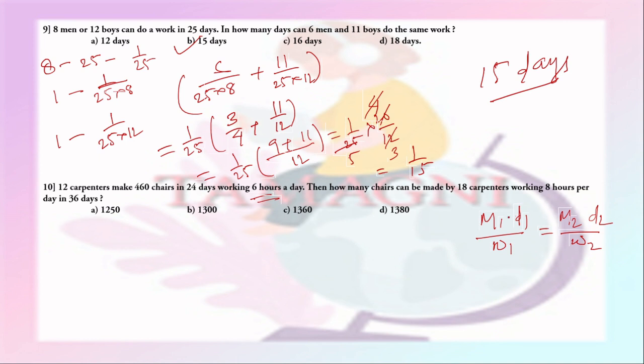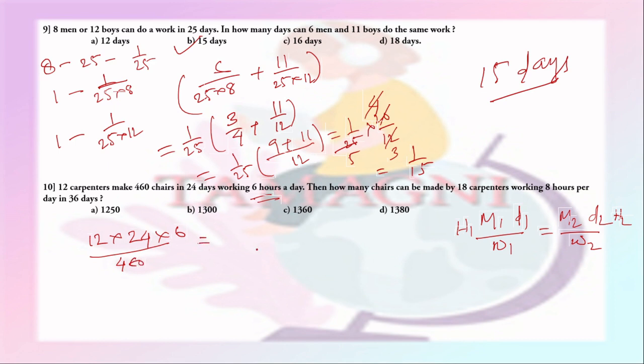So we shall just multiply the hours in the numerator, which will give say H1 and H2, which are the hours. So applying this, we get in the first case 12 carpenters, 24 days and 6 hours per day, and the number of chairs is 460.